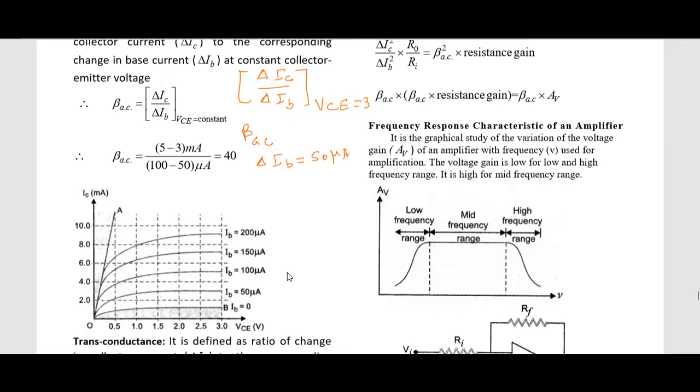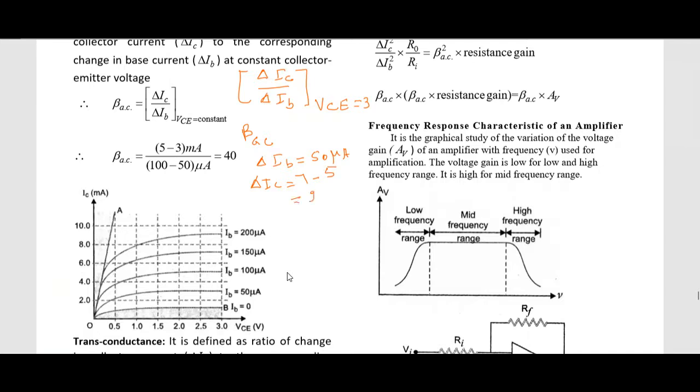Corresponding value of delta IC: first I will take it as 7 milliampere, minus, and then on this 100 it is 5, minus 5.